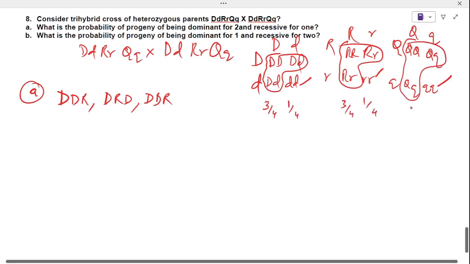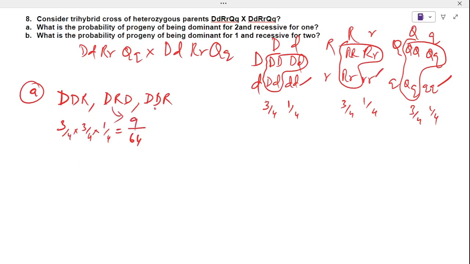Here dominant, dominant, recessive means 3 by 4 into 3 by 4 into 1 by 4. The answer is 9 by 64. The other arrangements also give the same answer.